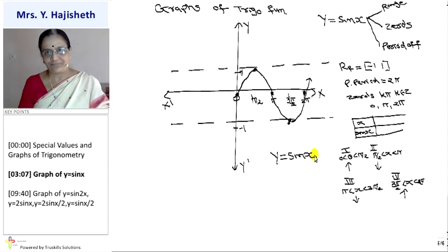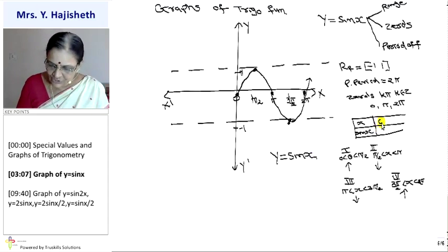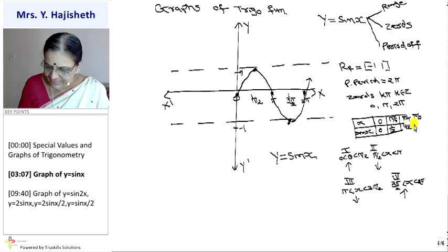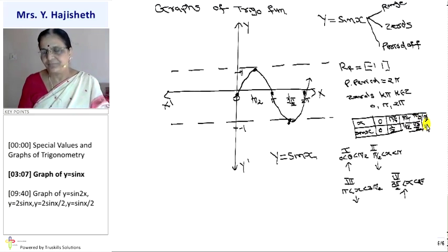Are you clear? Without making a table. If you want to make a table: 0 then 0, pi by 6 then 1/2, pi by 4 then 1 by root 2, pi by 3 then root 3 by 2, and pi by 2 then 1. Clear?